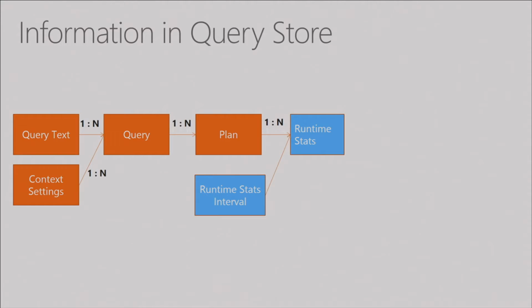Now, every plan that is generated and executed during the query lifetime will be stored separately. So at the plan level, you actually have runtime statistics. So for the query, if it was executed with different plans, you'll be able to distinguish what was the good plan versus the bad plan, what was the resource consumption of each individual query plan.